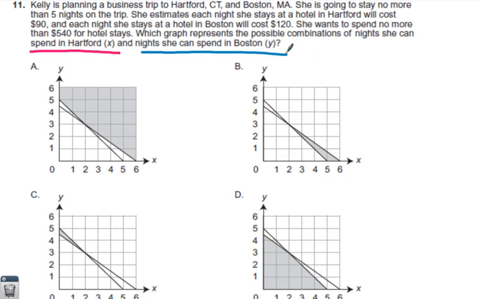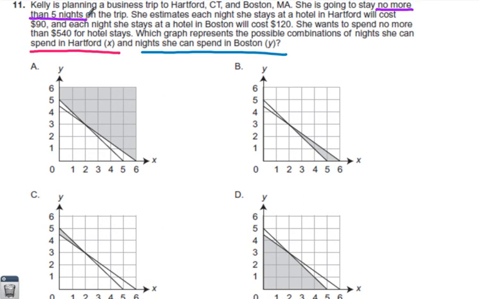All right. So X is the unknown number of nights in Hartford, and Y is the unknown number of nights in Boston. So I'm going to say, okay, well, no more than 5 nights total.